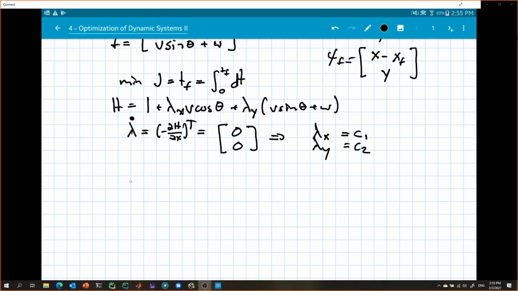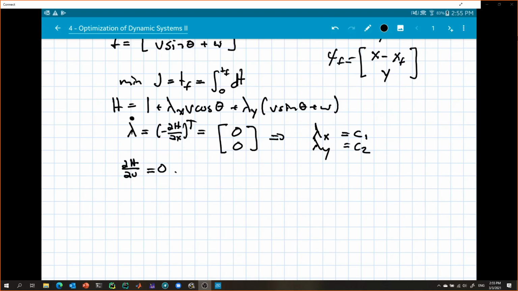And then the control. So now we deal with a control law. The other condition is that the partial with respect to u is equal to 0.